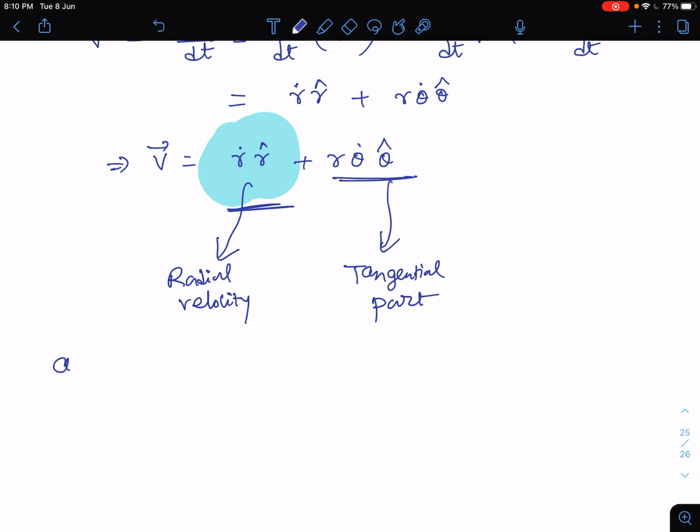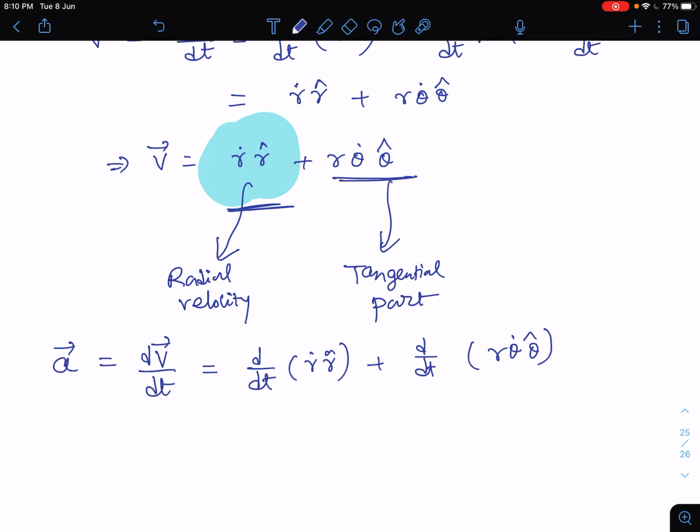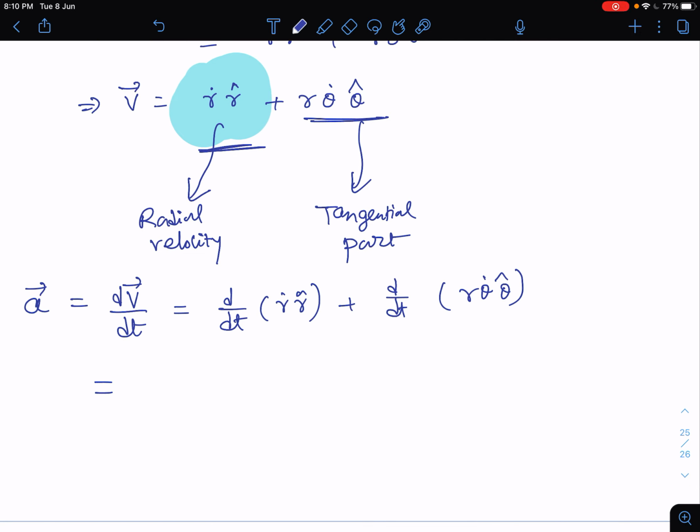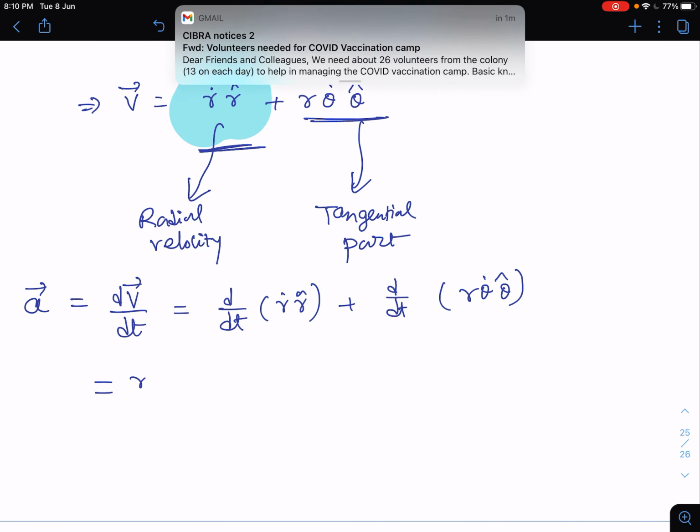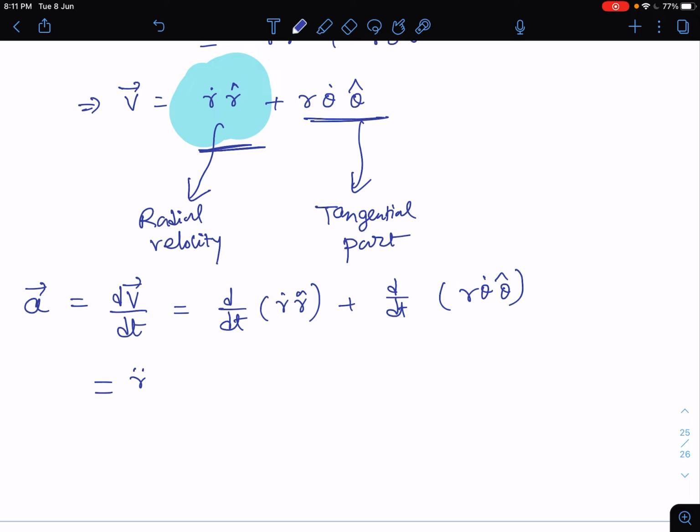So now what will be the acceleration? Acceleration is nothing but dv/dt. So that is d/dt of r dot r cap plus d/dt of r theta dot theta cap. Here the first term gives r double dot r cap plus r dot r cap dot.